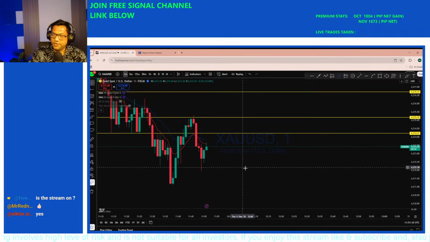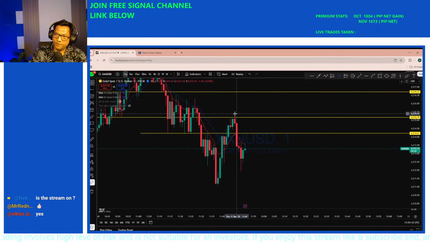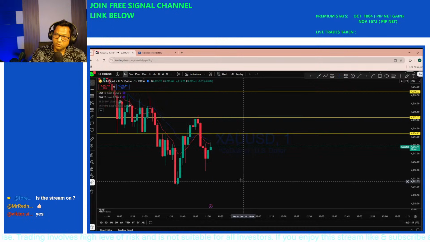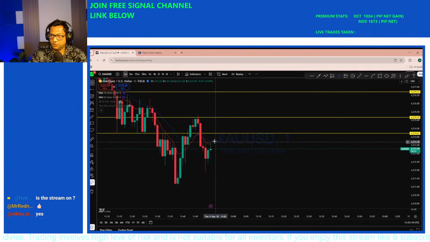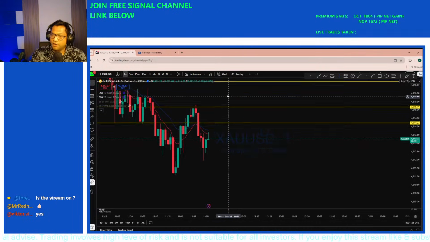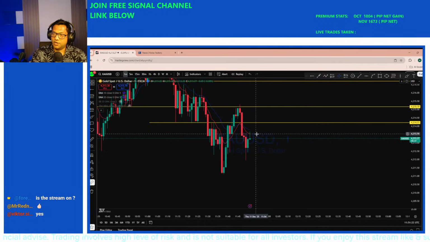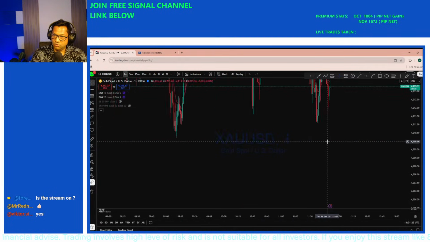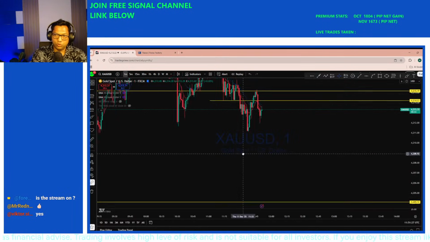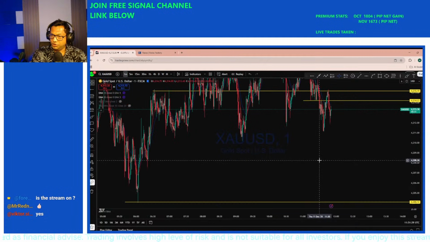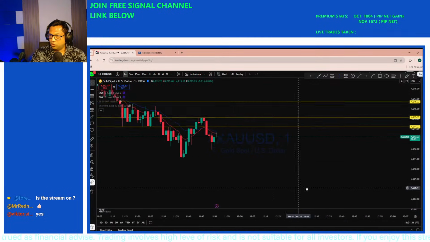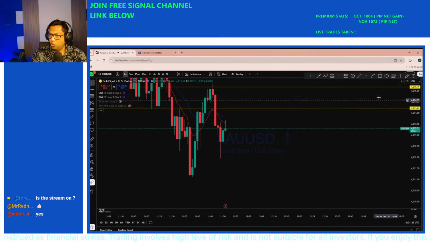Now if you look at that, after this false breakout, it again dropped down. Now if this market starts to reverse, you see a new higher high. If we see the market trending back down, then we are looking at it to potentially drop further low here, 4204, or even lower than this.